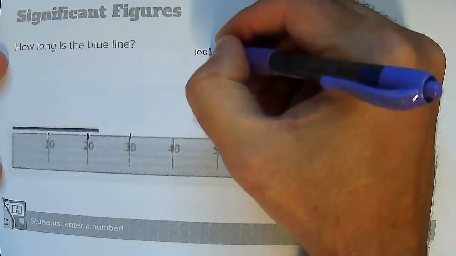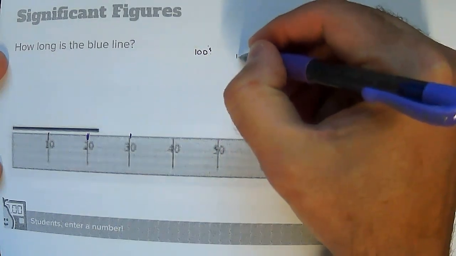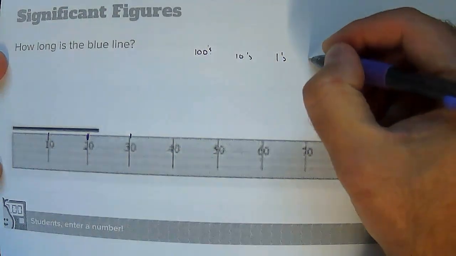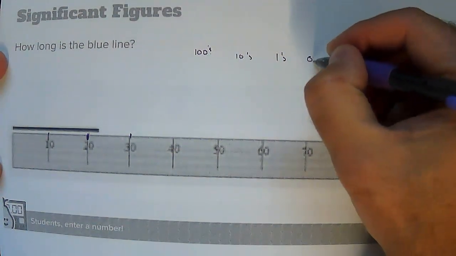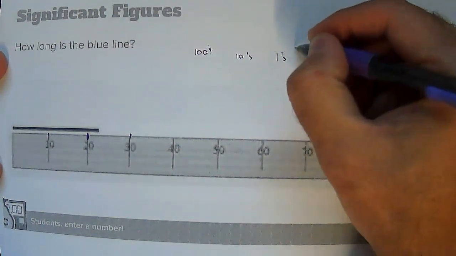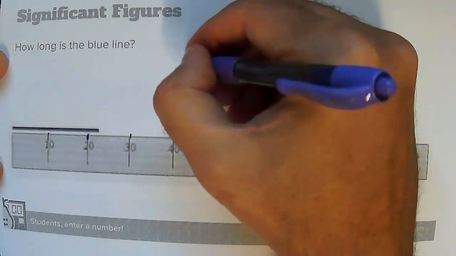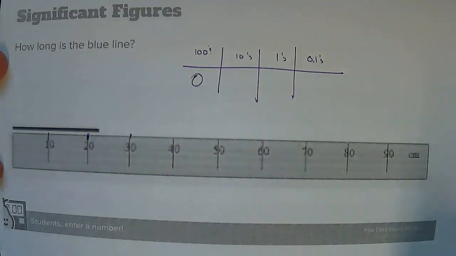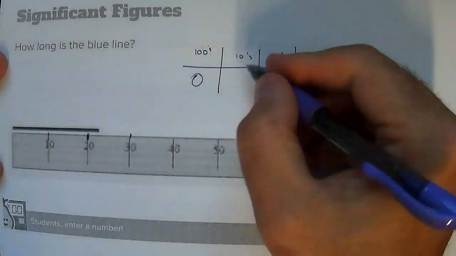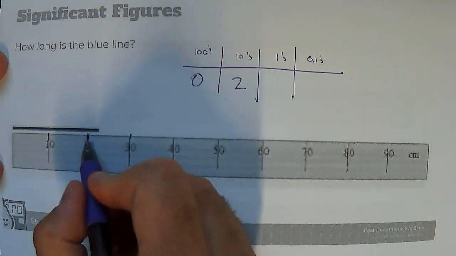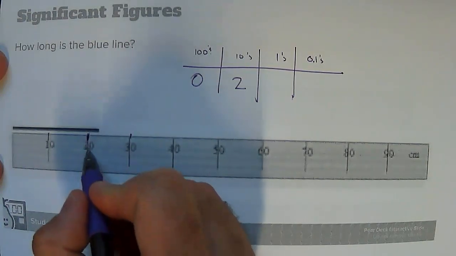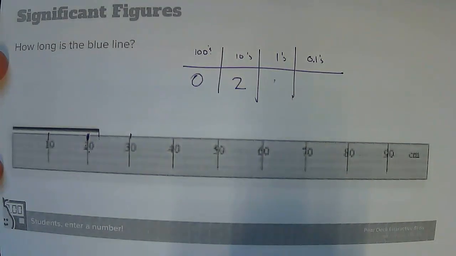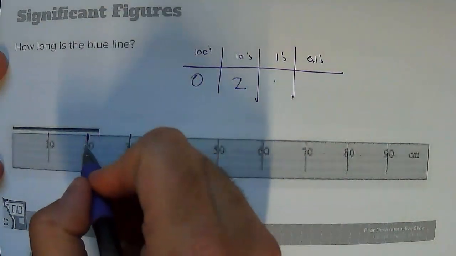Maybe the easiest thing to do is to remember back in third grade, we would make a place value chart. We would have hundreds, tens, and ones, and then tenths. So in this case, we have 0 hundreds, and then we have 2 tens, and then now we can estimate one spot beyond what we know.